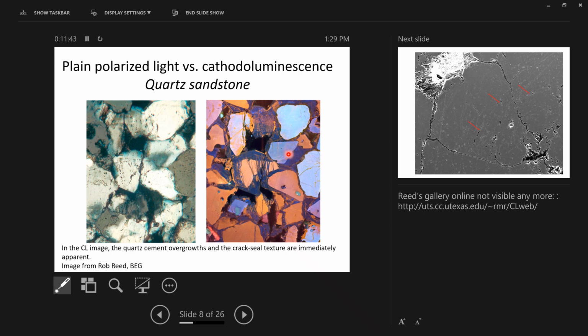However, the luminescence of different elements within can actually tell me the history of this grain. This one has fractured quite a bit and then healed. Some of it did not heal. Here, this one did not heal, but there are healed, cemented fractures within.